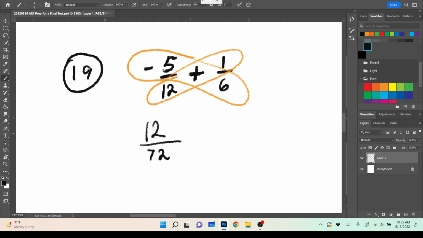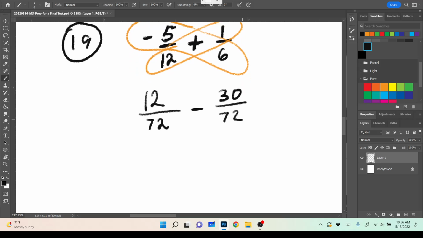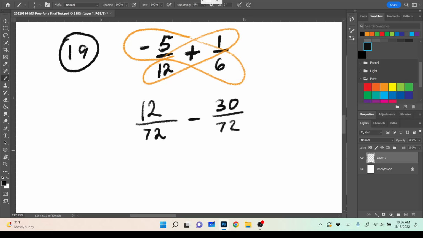Negative 5 times 6 is... okie smoky dokie. 12 minus 30, are the signs the same or different? Different. So 30 minus, that's not what we're doing. Negative 30 plus 12, right? That's what we're doing. So we remember what we're doing later.